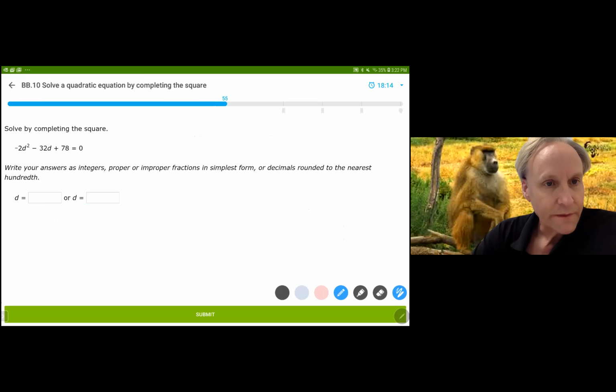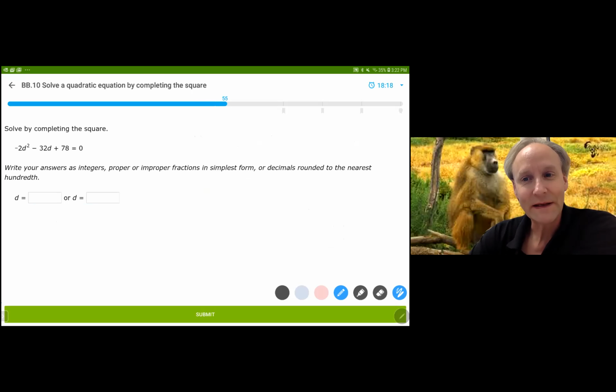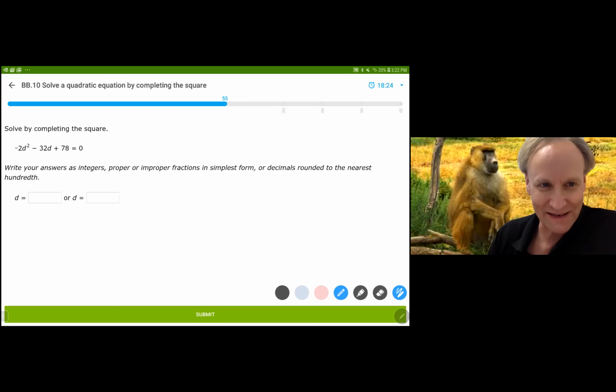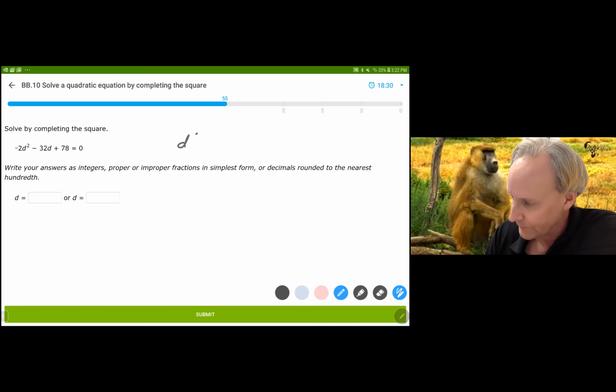Okay. This time I'm going to divide everything by -2. It's funny how the AI, the artificial intelligence for this, knows to put the -2 in there because I messed it up before. So I'm dividing everything by -2. So I'm going to have the d squared plus 16d minus 39.